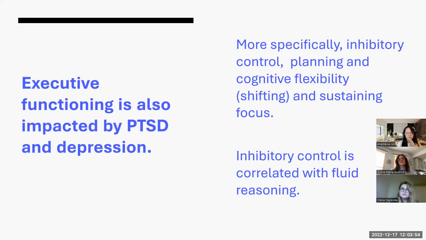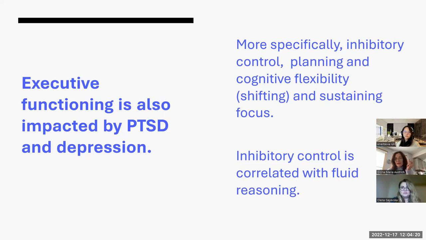One of the things that this study I read in particular indicated was that inhibitory control is really correlated with fluid reasoning. If you're doing a fluid reasoning task, trying to analyze and recognize that a strategy can be used for a particular situation, and you are suffering from depression or from trauma, you're not going to be fluid like that.